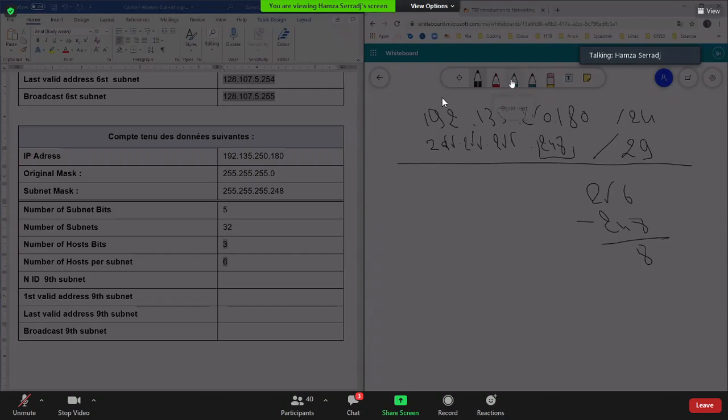Where do I increment? Which position? The fourth one. Good. The last bit of the subnet is on the fourth field, or the fourth block, so I need to increment on the fourth one. Let's increment.